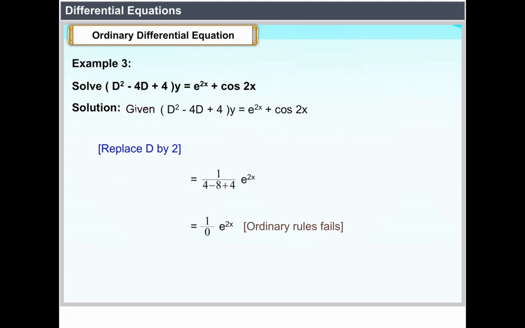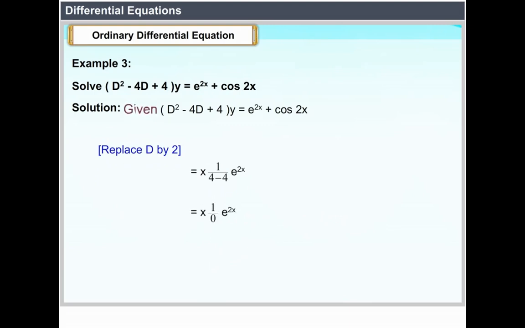Here the ordinary rule fails. = x · 1/(2D - 4) e^(2x). Again replace D by 2: = x · 1/(4 - 4) e^(2x) = x · 1/0 e^(2x). The ordinary rule fails. = (x²/2) e^(2x).